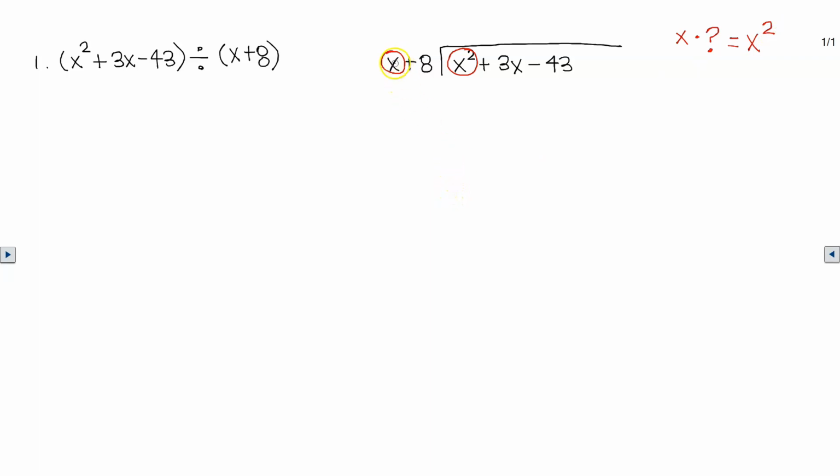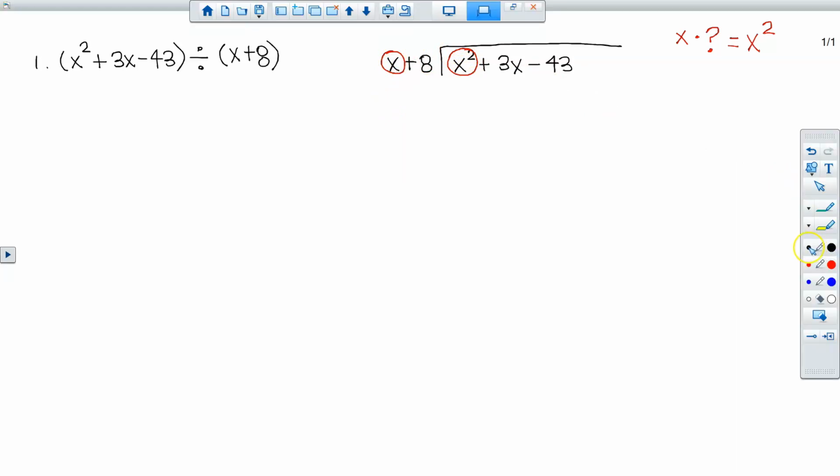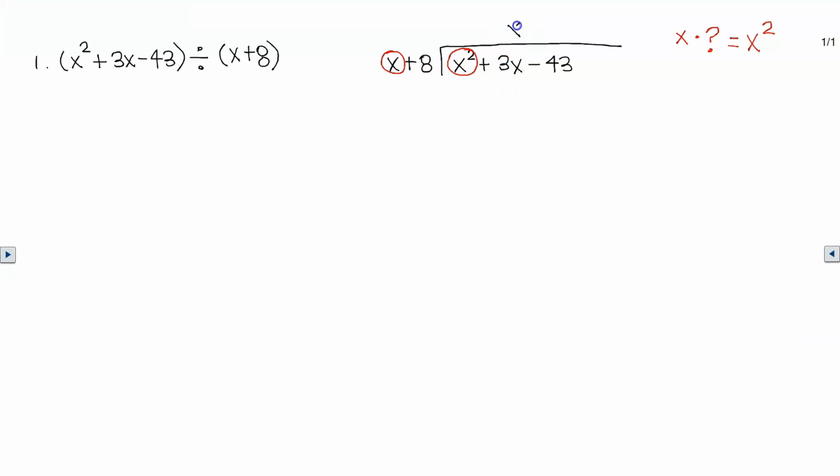We know that the answer is x. So x will go into x squared x times, and we're going to put that right here above our 3x.